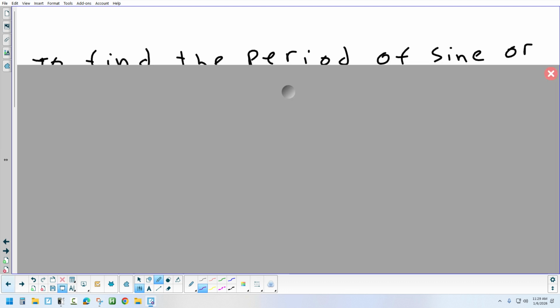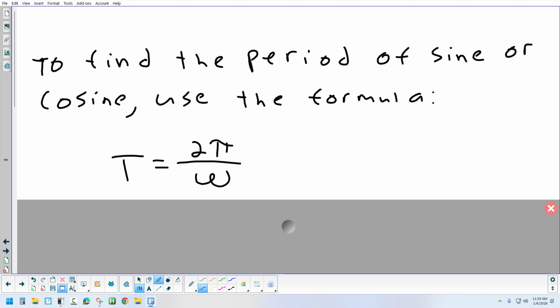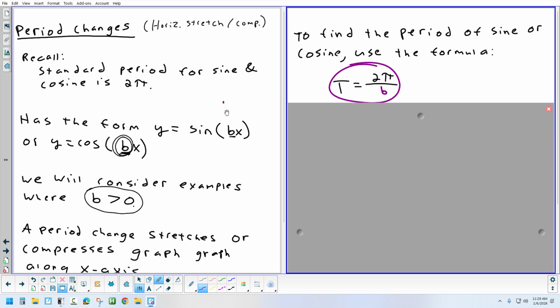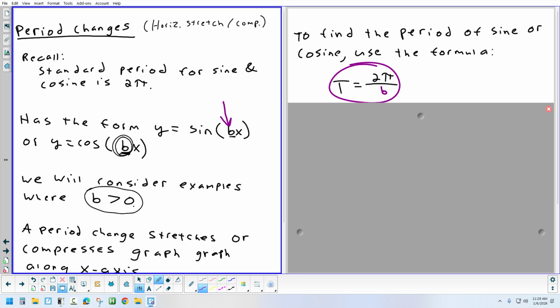The way you figure that out is with this formula. You take the original period, which is 2 pi, and you divide it by b. And what's b? b is whatever number is in front of x. I'm not saying the period is b. I'm saying it's 2 pi divided by b.